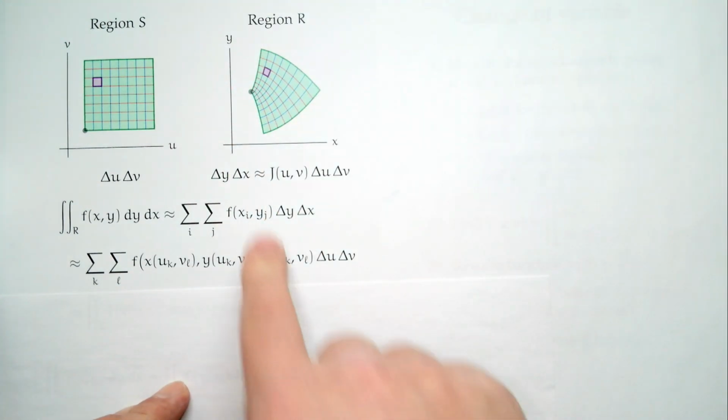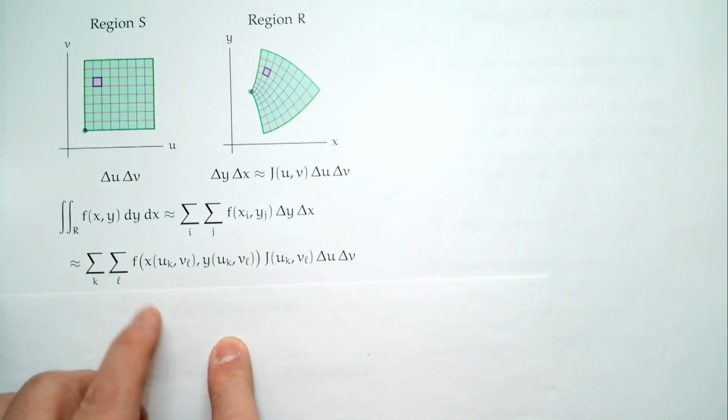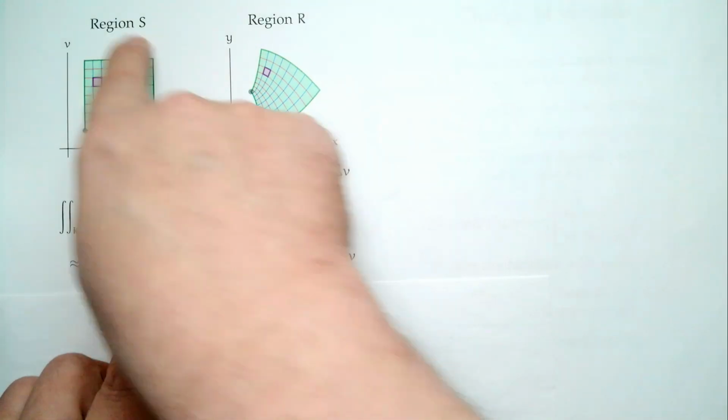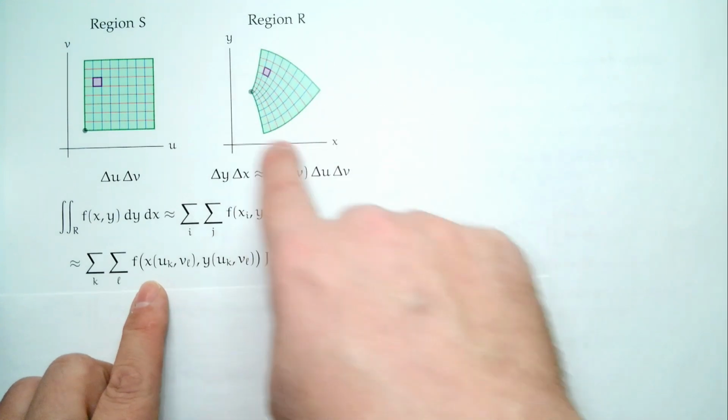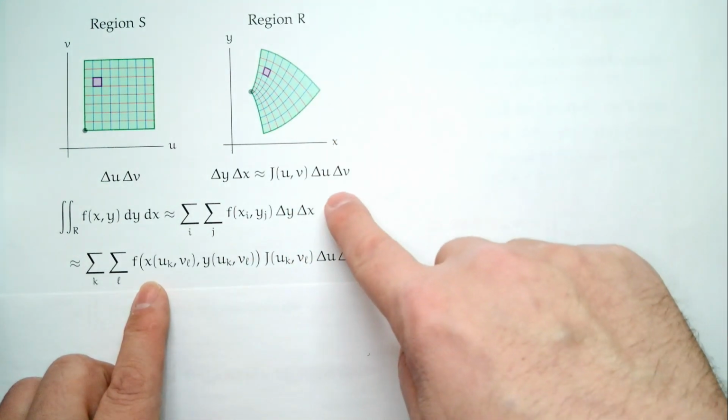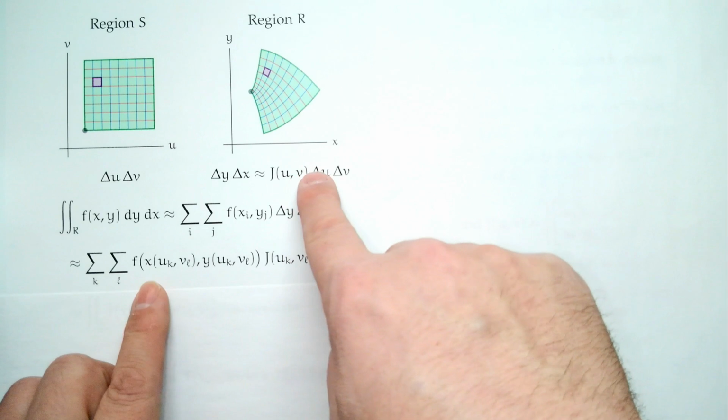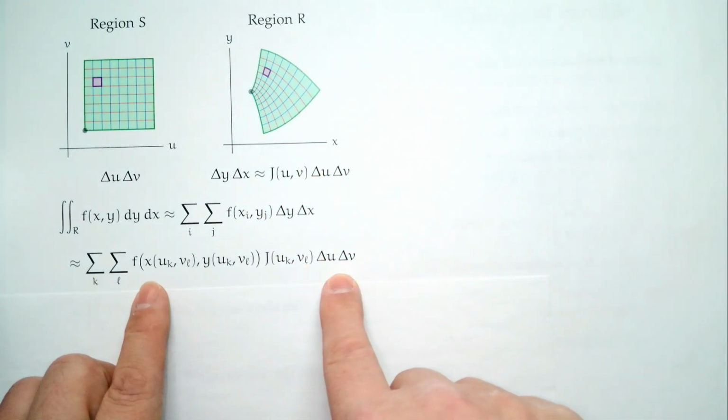I really want to understand what it looks like over here. So I'm going to use my S as a guide to understand R. I know, for example, delta y, delta x, I can replace by the Jacobian delta u, delta v.